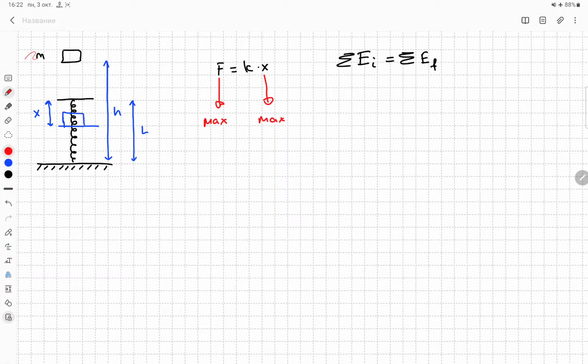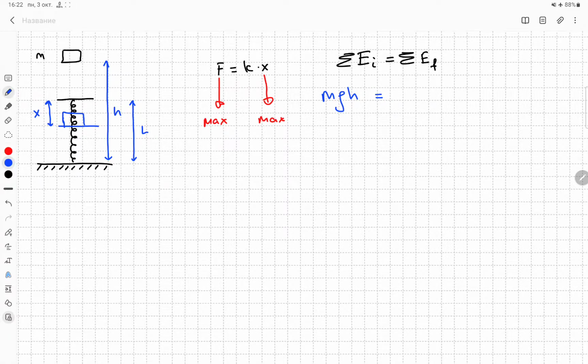So at the beginning we have only the potential energy of this object, which is mgh. That's all. There is no potential energy of the spring because it's not compressed, not extended. There is no velocity, so there is no kinetic energy at the beginning.